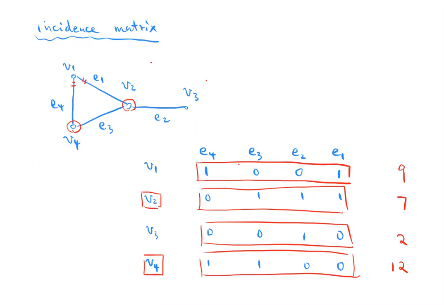Now it's difficult to see if a number is represented in decimal, but if a number is represented in binary, the connection is easier to see. All right.